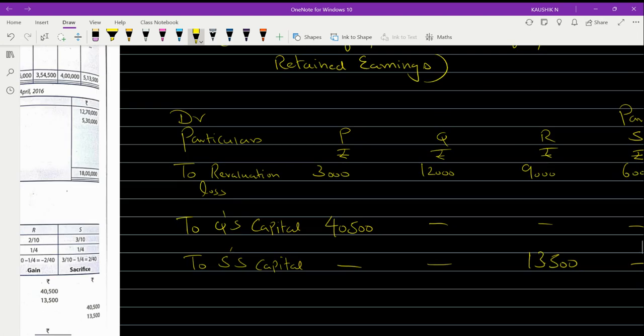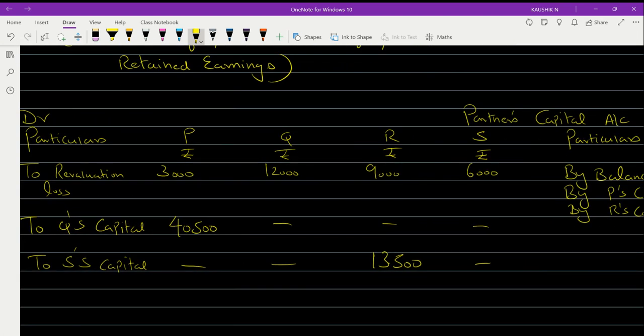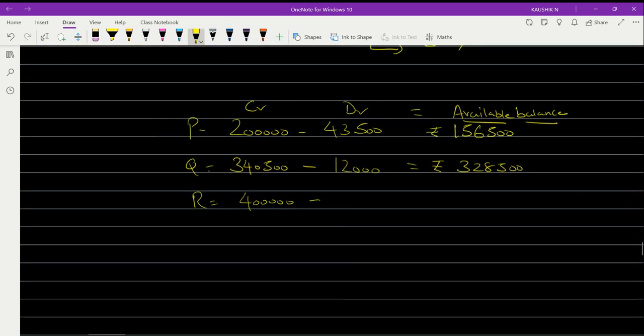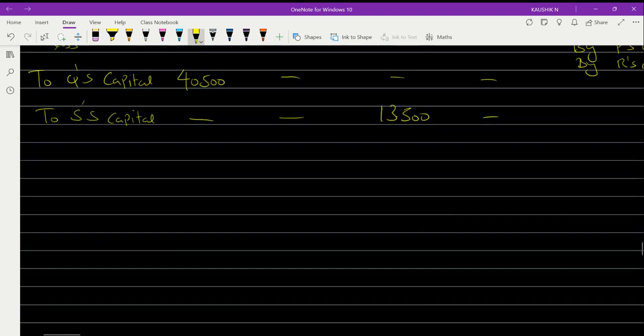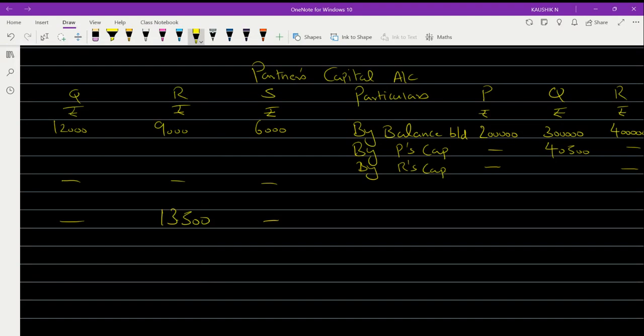What is the total available for R on the debit side? Difference between these two? 3 lakh. Even for the partner S, what is available on the credit side?